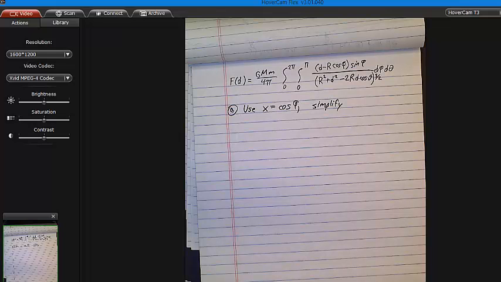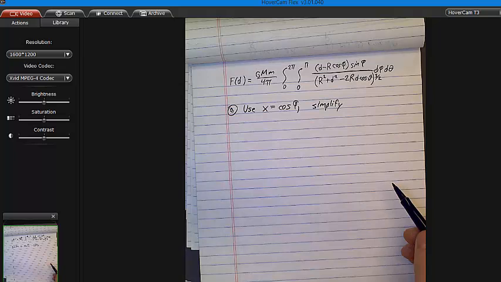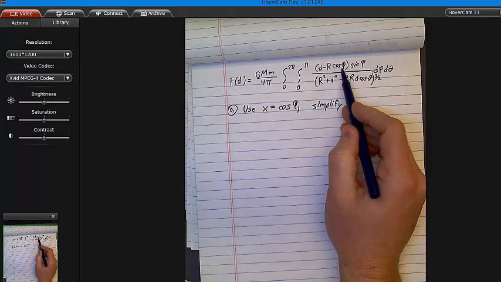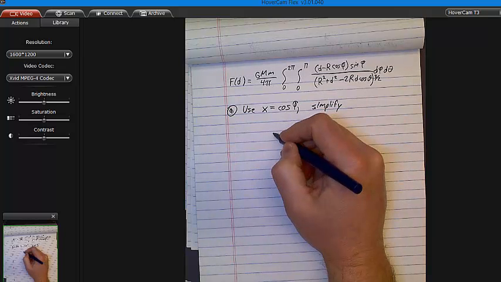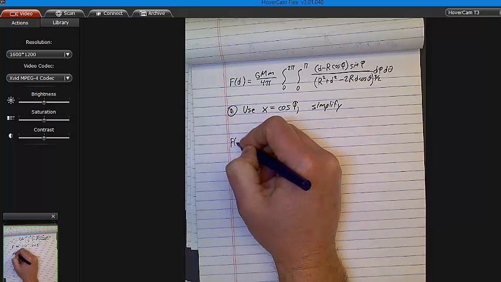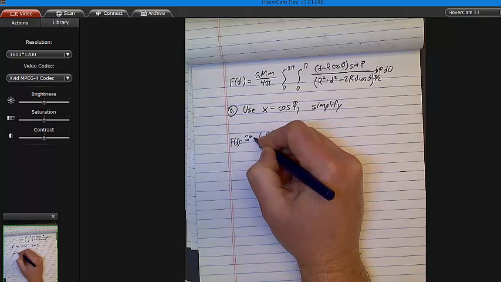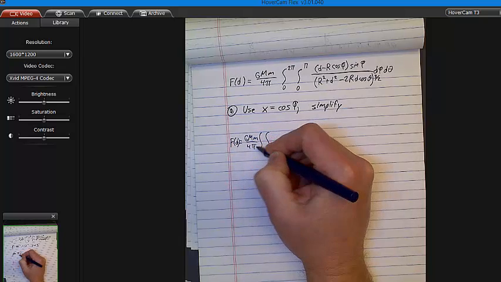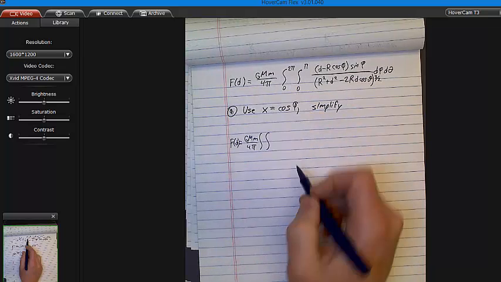All right. So you guys ready? Here we go. X is cosine phi. So that means we're used to say cosine phi there. I can write x. Isn't that nice? So when we rewrite the integral, f of d equals, again, G big M little m over 4 pi. I'll fill in the limits in a minute.